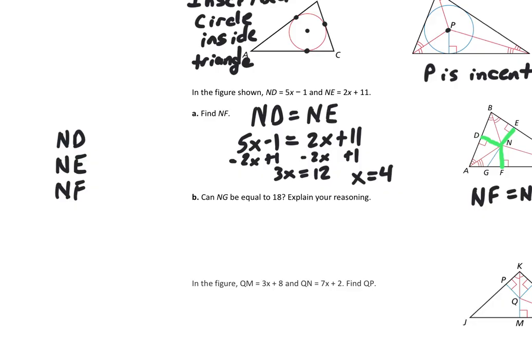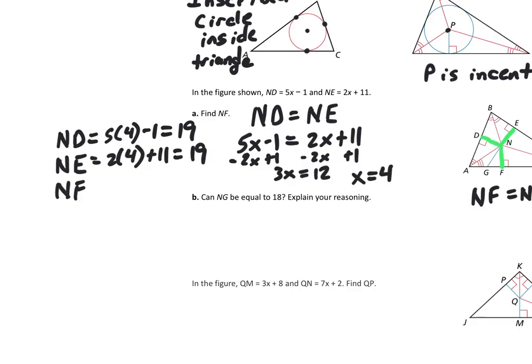But we know that NF is the same as ND and NE. So to find ND, I would do 5 times 4 minus 1, which is 19. To find NE, I would do 2 times 4 plus 11, which is 8 plus 11, which is 19. Once again, the fact that I get the same answer here is good news, right?